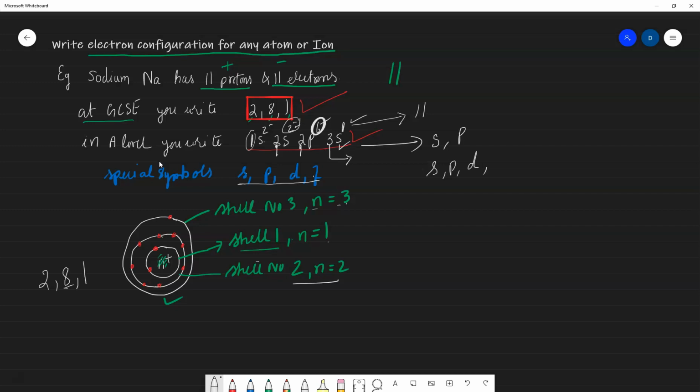And if you write for, say, iron, Fe, or uranium, you'll end up seeing f also. So this is what you have to learn. This is very easy, and you can get full marks on questions from this topic.